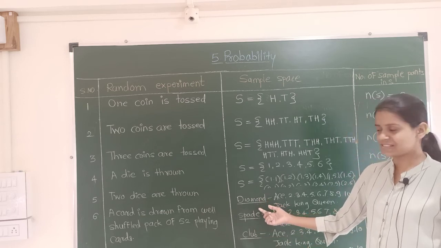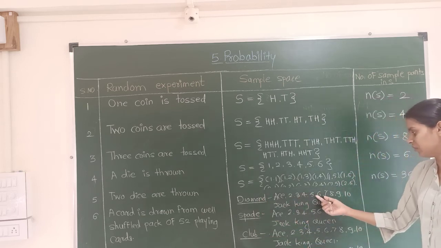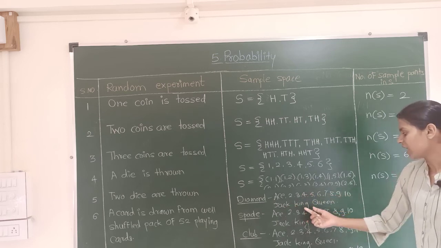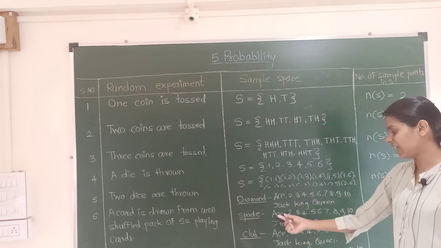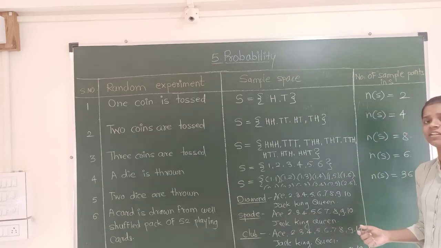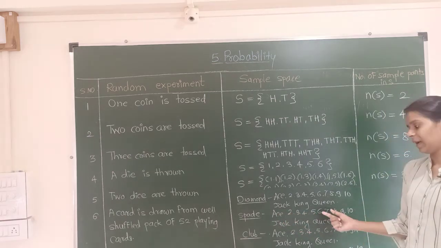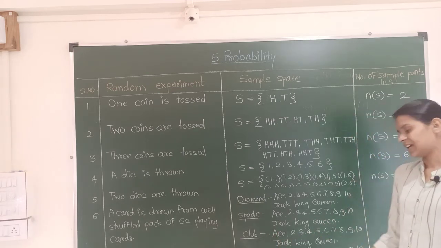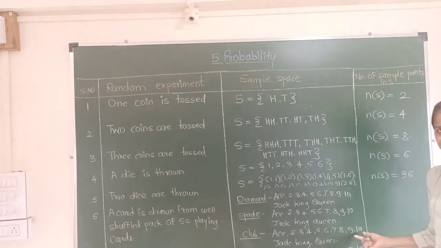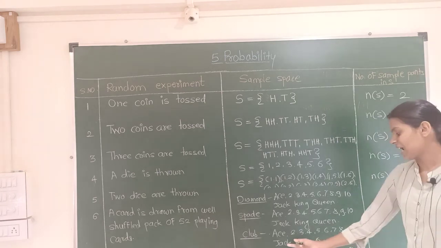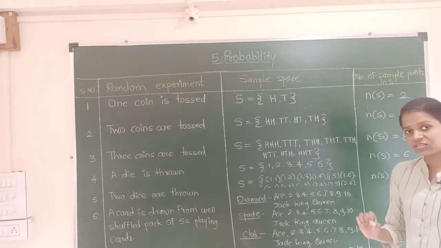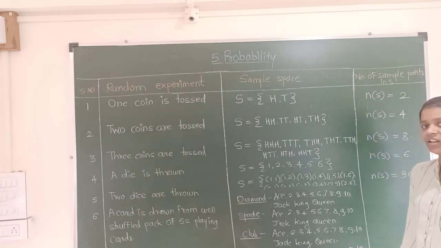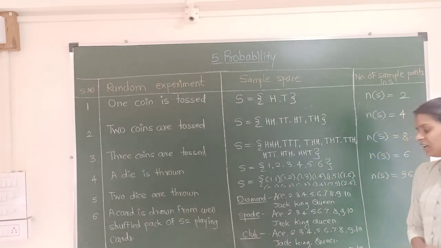There are 13 cards in diamond: ace, 2, 3, 4, 5, 6, 7, 8, 9, 10, jack, king and queen. Spade is classified as ace, 2 to 9, 10, and jack, king, queen again. Club has 13 cards, and heart has 13 cards, each with ace, 2 to 10, and jack, king and queen.